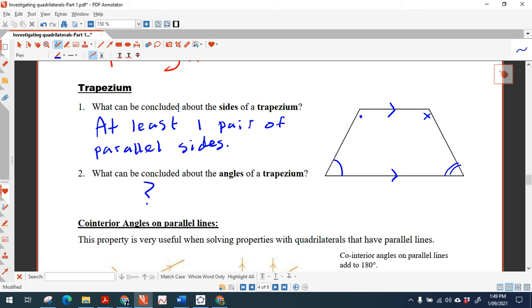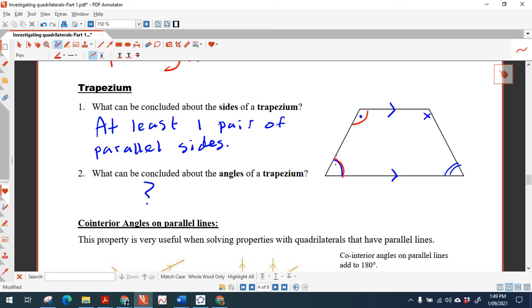We can actually write something about the angles. It's true for all the quadrilaterals, of course, but this angle here and this angle here are co-interior angles because we've got a pair of parallel lines here. And co-interior angles add up to 180.